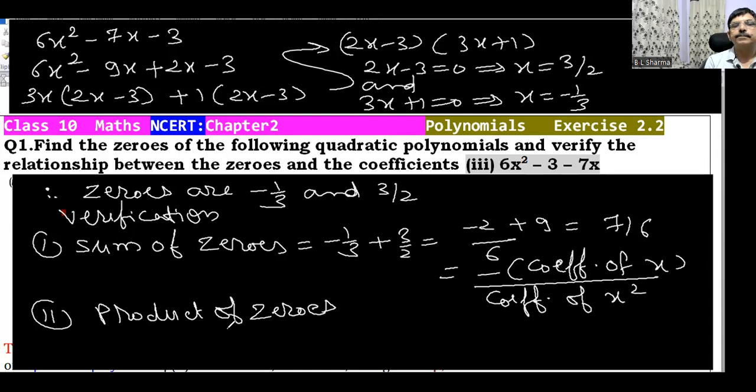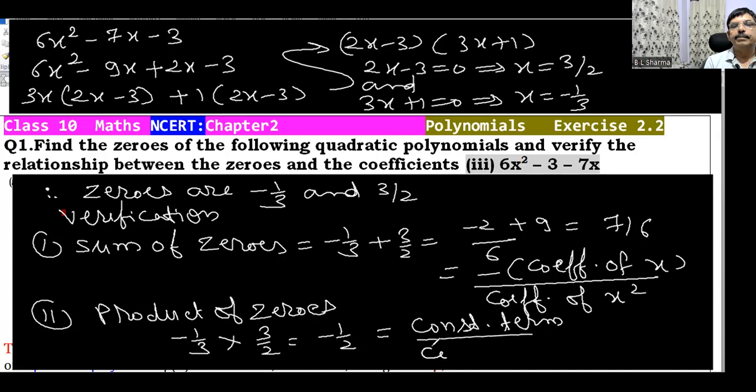And the second relation is product of zeros. That is minus 1 by 3 into 3 by 2, that is minus 1 by 2. See here, that is equal to constant term divided by coefficient of x square.